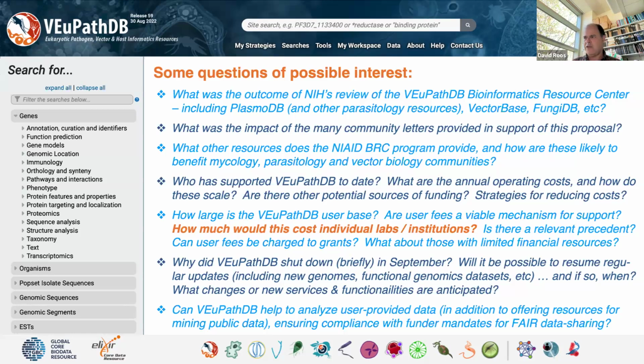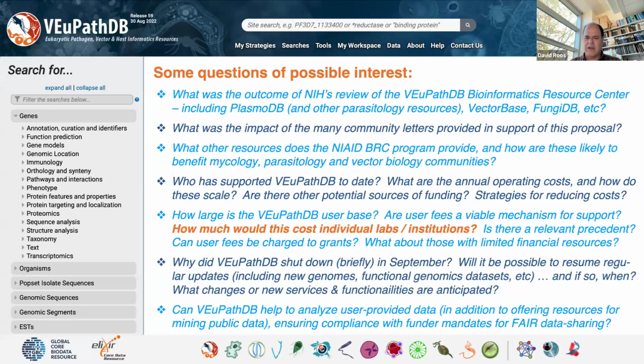The final BRC that's been supported is brc.analytics, which is an extension of the Galaxy project. Anton Nekrutenko at Penn State is the PI on that project, and they propose to expand and extend some of the pipelines that we have provided previously for mapping RNA-seq data, for calling SNPs, and for other functionality.